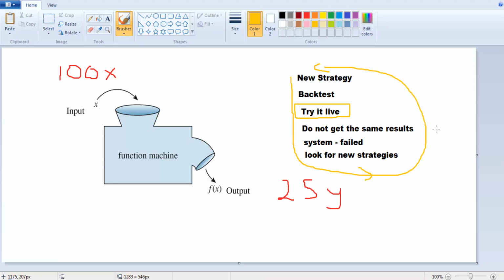It's a lot more qualitative stuff. So we need to focus on this area. What is happening to us within this area? Why is our output a quarter of what we put in? This is the problem. We've got to focus on what is happening within the function machine.